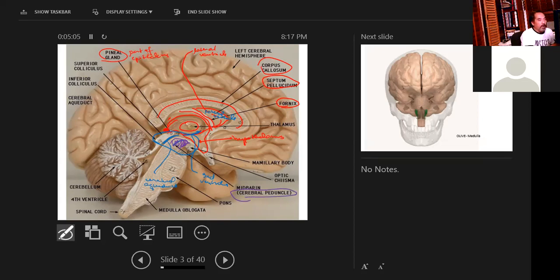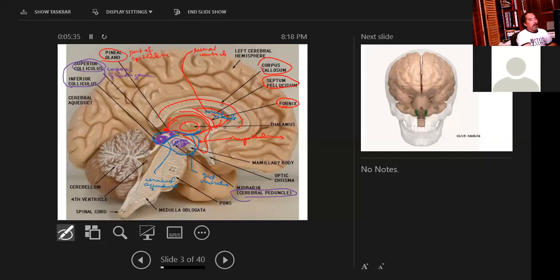And the structures you see here at the back of the midbrain are summarized as the corpora quadrigemini. The top part is the superior colliculus, and the one at the bottom is the inferior colliculus. So I'm finished with the midbrain.